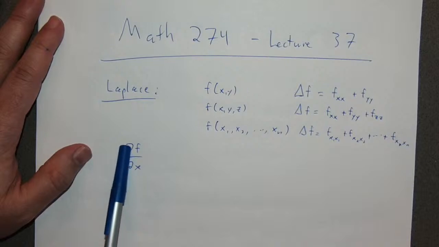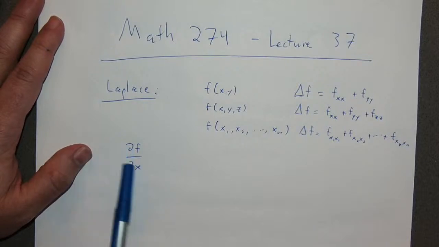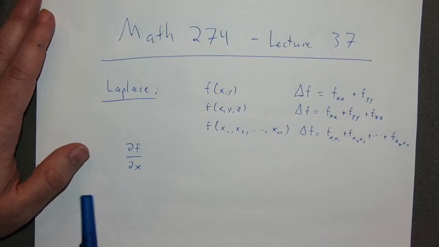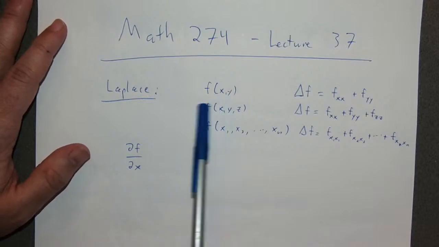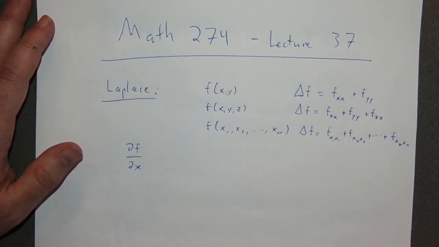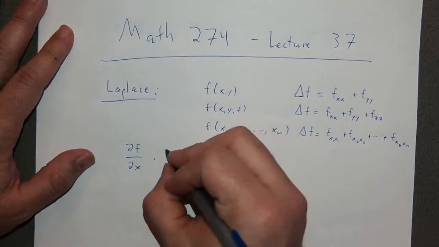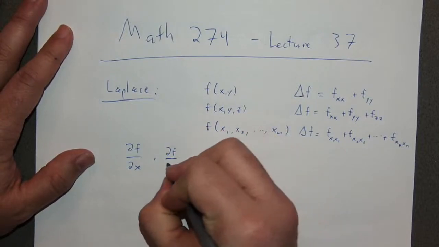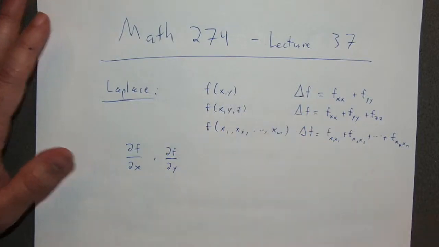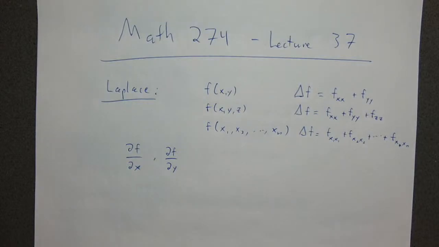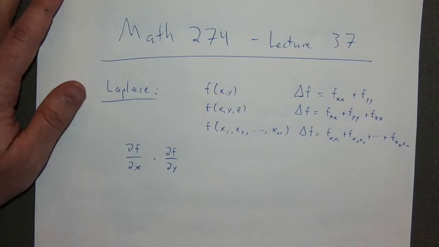Why do we use this weird curly del symbol instead of d? Because it's supposed to indicate that because you have a function of more than one variable, there's not just one derivative of the first order, there's two. There's also the derivative of the first order with respect to the other variable. If you've never had Calc 3, or if it's been a while, you might have forgotten how this works exactly.